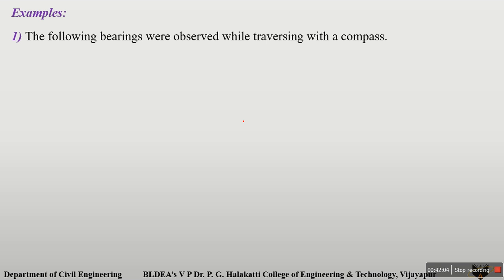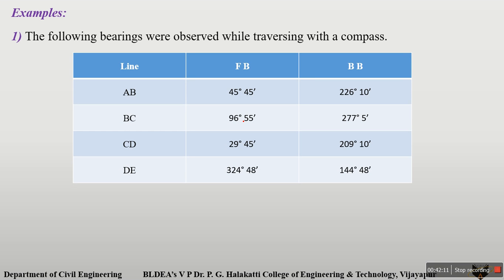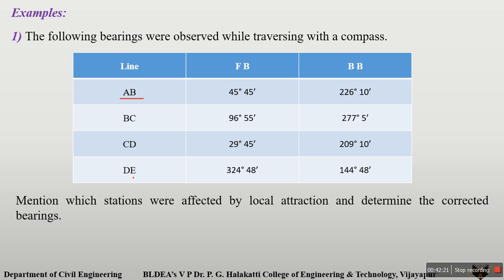The following bearings were observed while traversing with a compass. These are the forebearing as well as the back bearing of the lines AB, BC, CD and DE. Here we have to find out which stations are affected by local attraction and determine the corrected bearings.